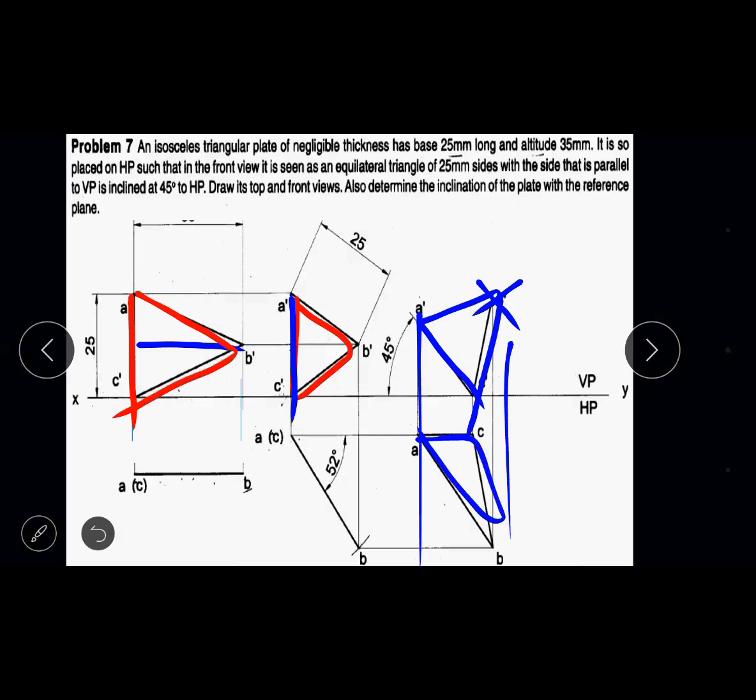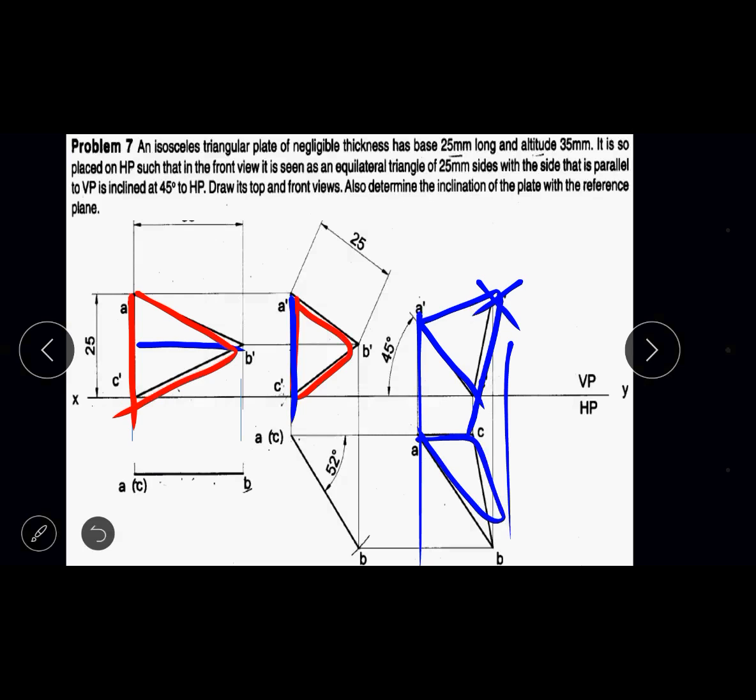Any doubt in this problem? If no doubt, shall I proceed to the next problem? Feel free, be frank. If you have not understood, if you want me to repeat any step, tell me, I'll repeat it.